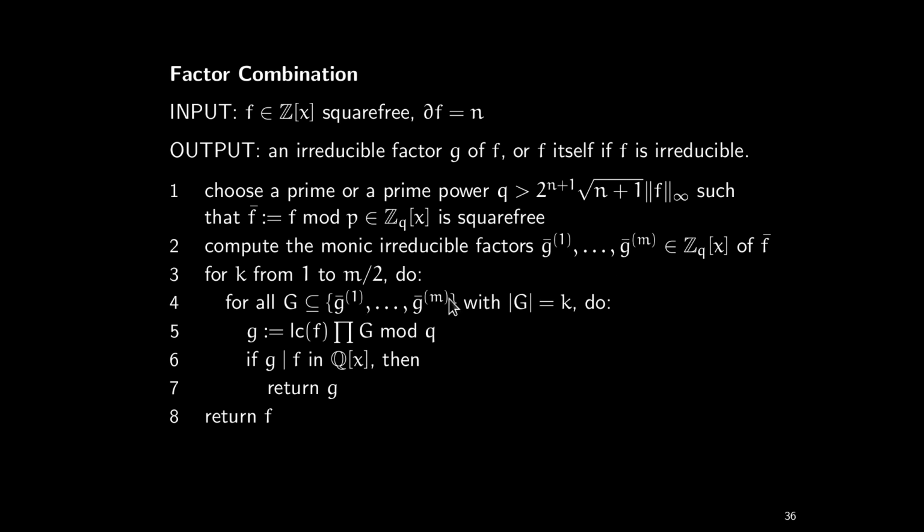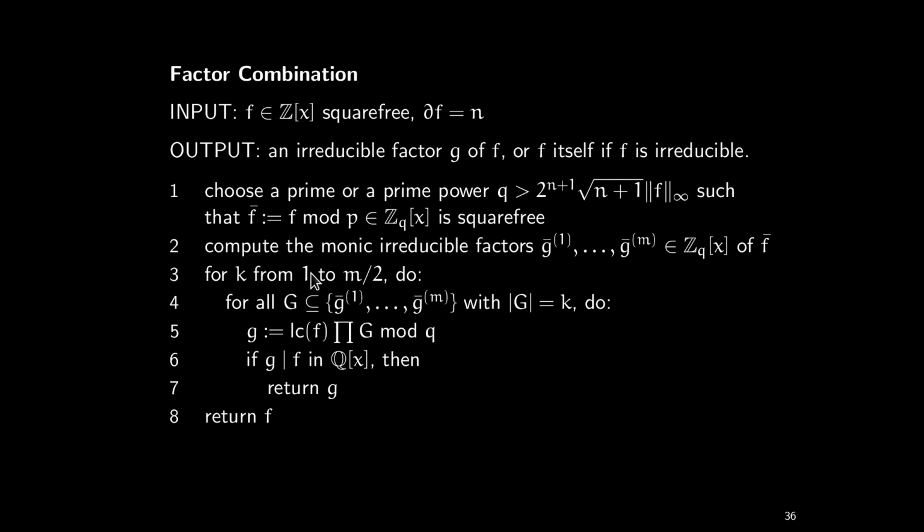And then you go through all subsets of these g's. You start with the small subsets and then you increase until m half, because if you go further, then you will just see the complements of subsets that you have already investigated, and that's not necessary.